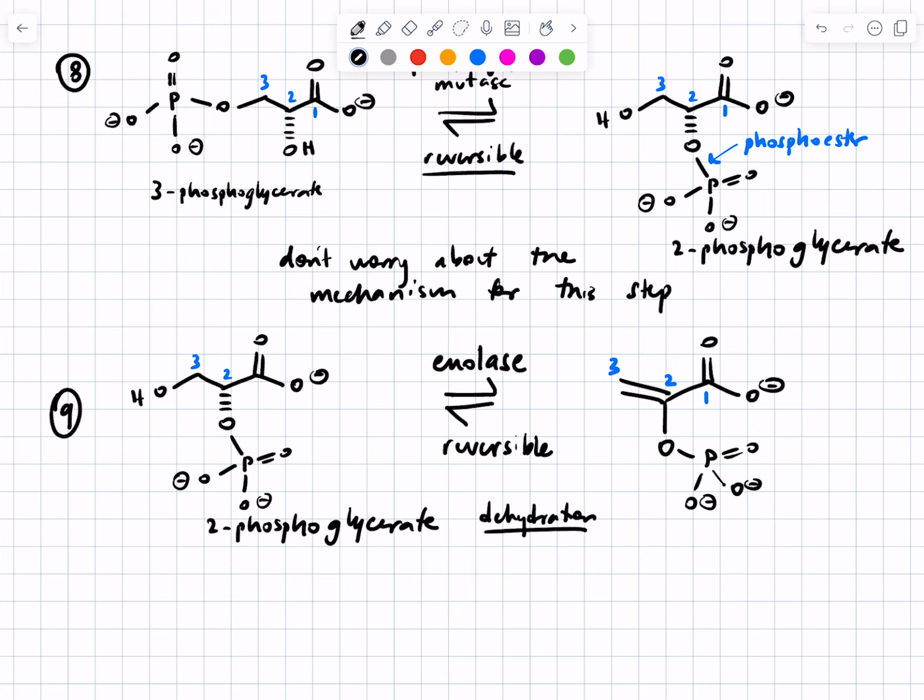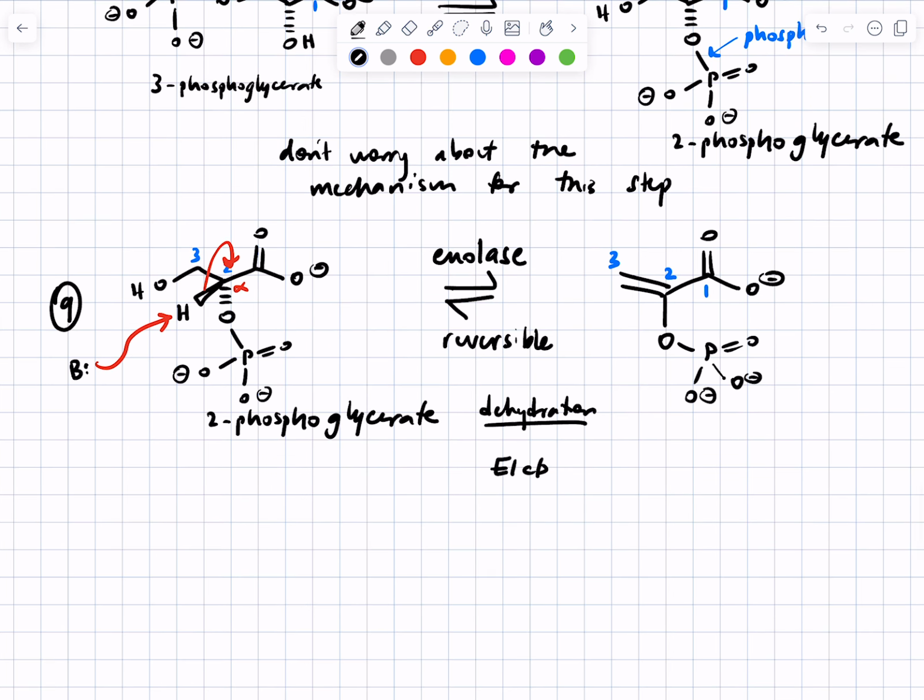Okay, what is the mechanism? It's probably E1cB. Probably a base from the enzyme removes the proton from the alpha carbon to generate an enolate intermediate.